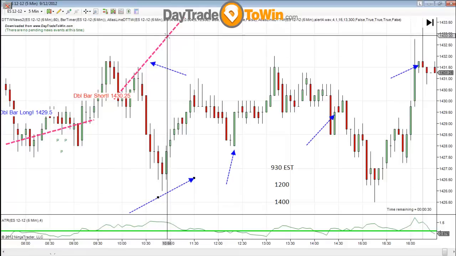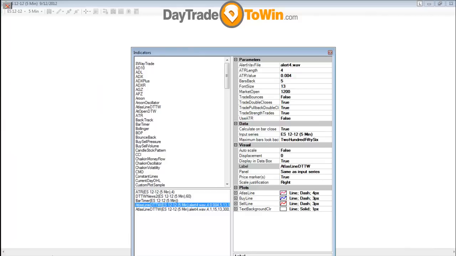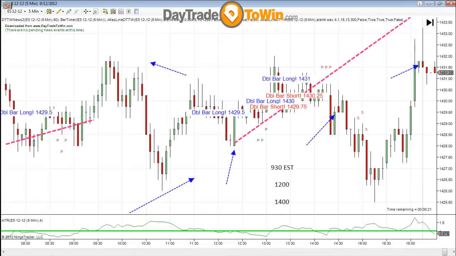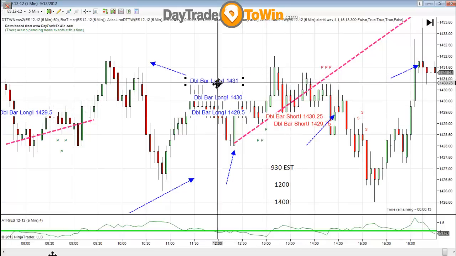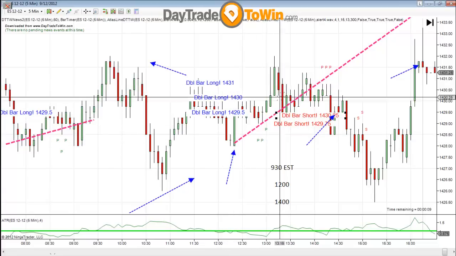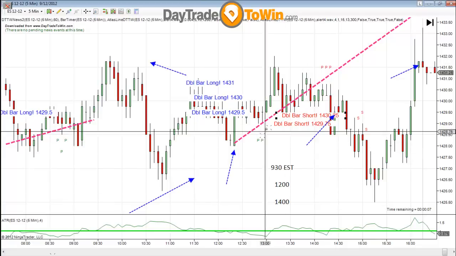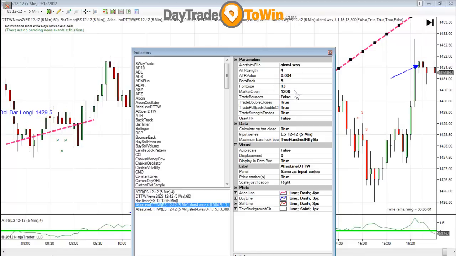So you can either add another Atlas line, or you can just change the current one to plot or make its calculation for noon. And so this is the noon Atlas line. And you can take these double bar long trades or short trades here off the noon Atlas line plot, and if need be, you can then add the 1400 and just change it to that.